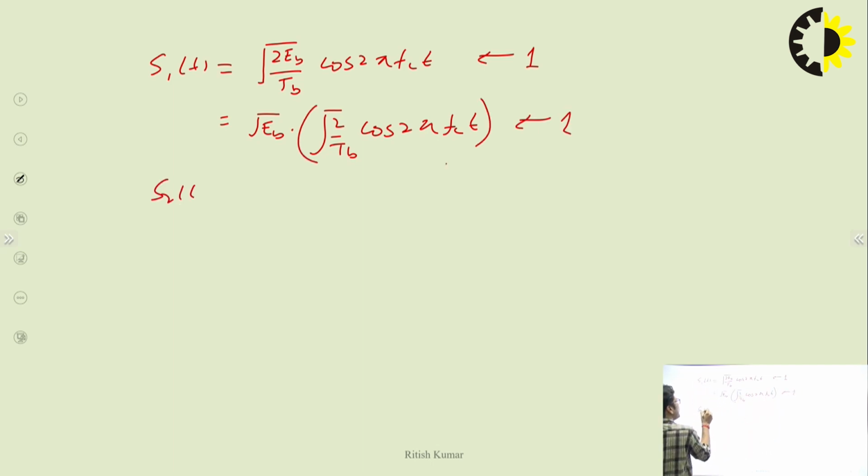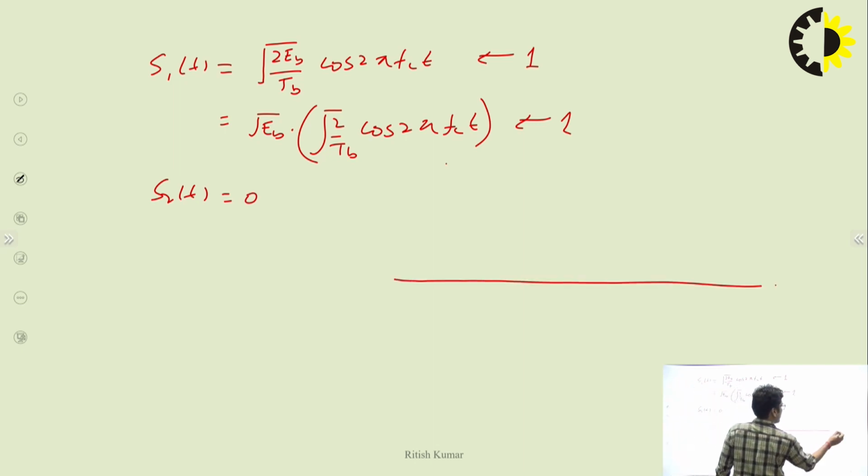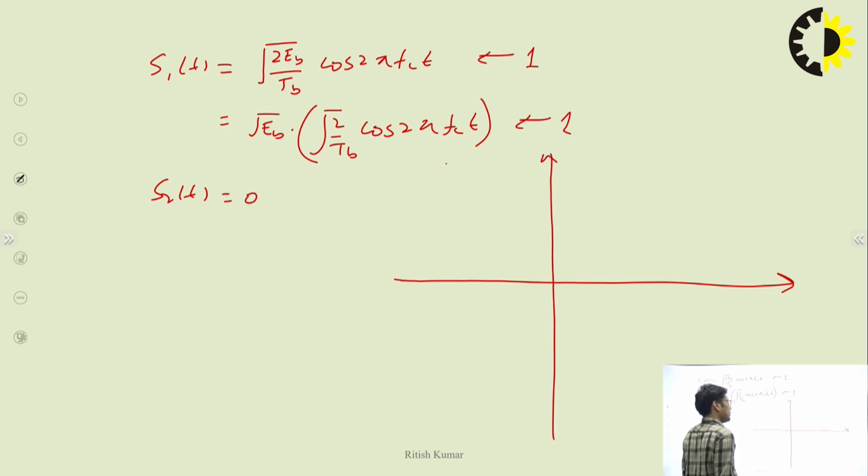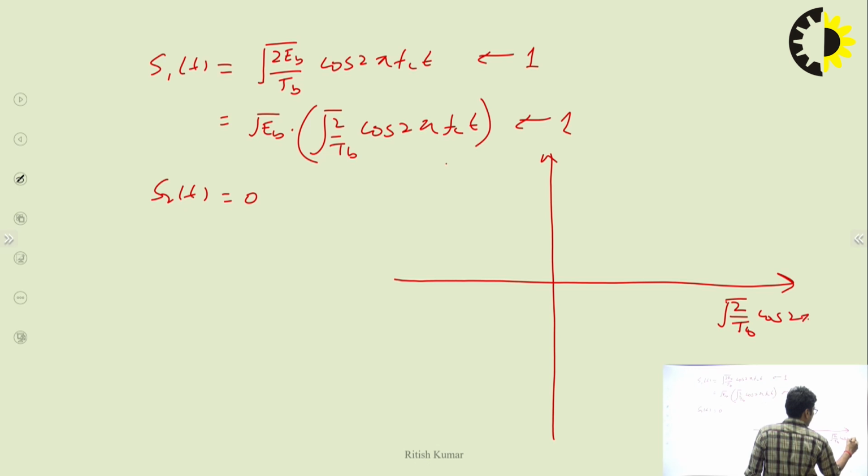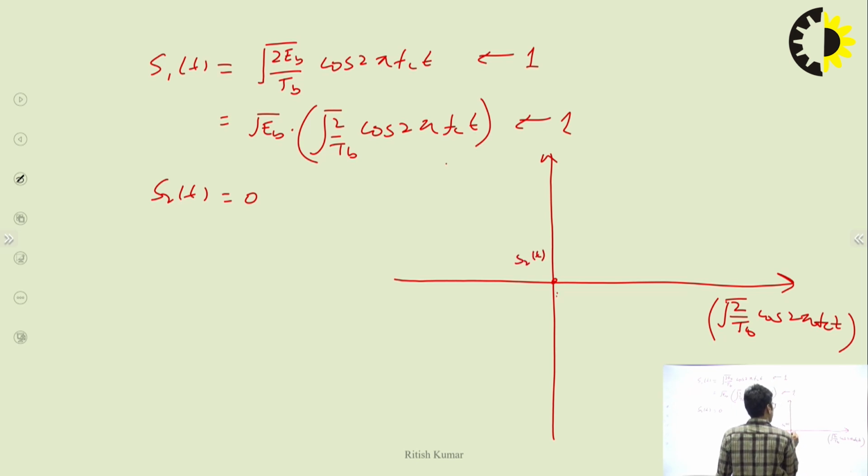For S2(t), it is equal to 0. The constellation diagram is always drawn over the orthonormal function. This axis represents the orthonormal function, square root of 2 upon Tb cos 2 pi fc t. So for transmitting 0, that is S2(t), the point is 0, and for transmitting 1, S1(t), the point is at 1.